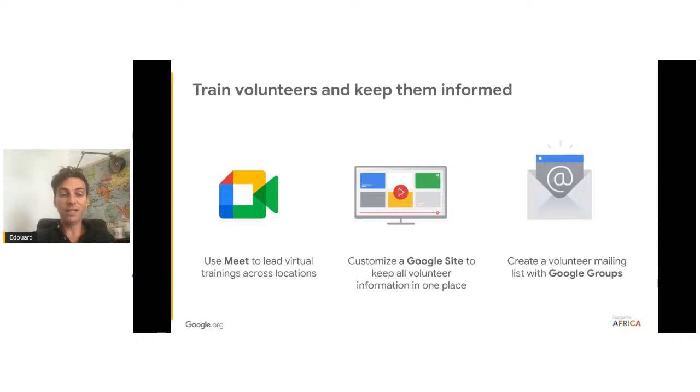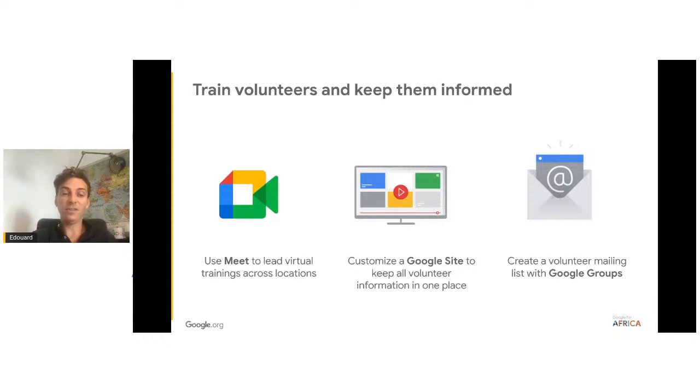You can use Meet to lead virtual trainings, as we are doing today, across locations. And you can also use Google Sites to keep all volunteers aware of the information in one place.